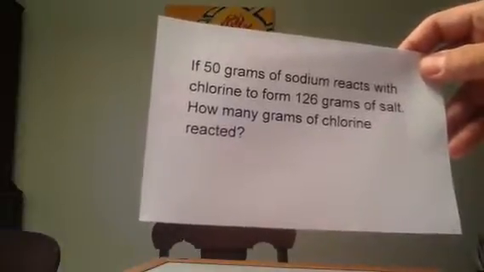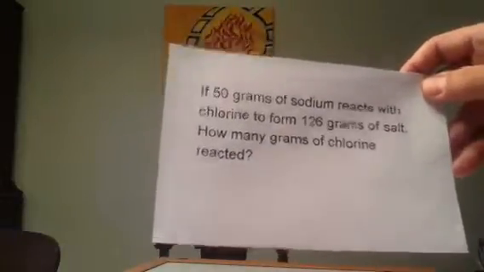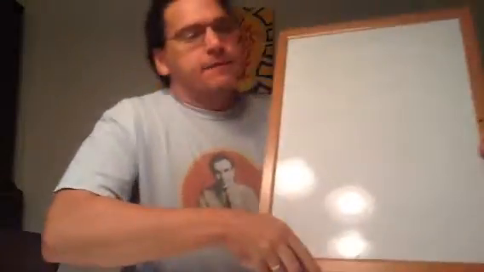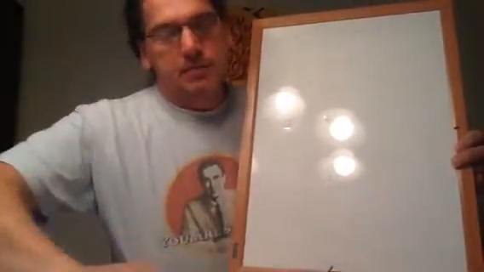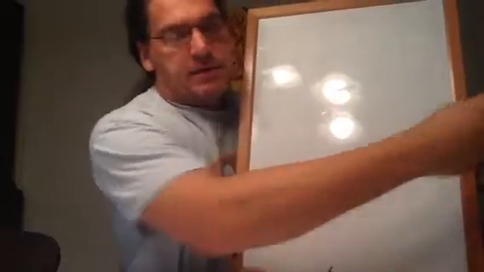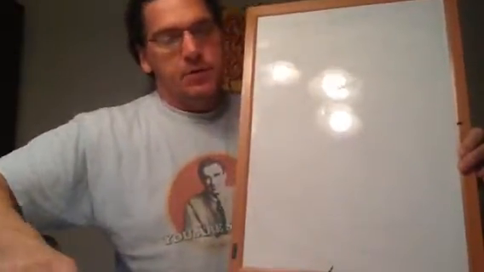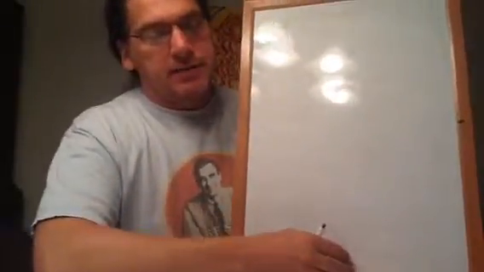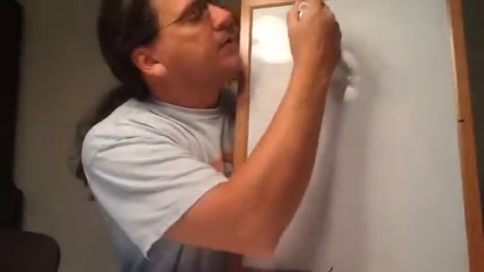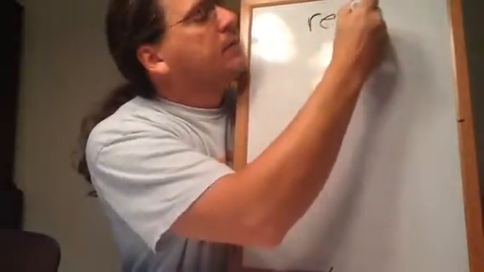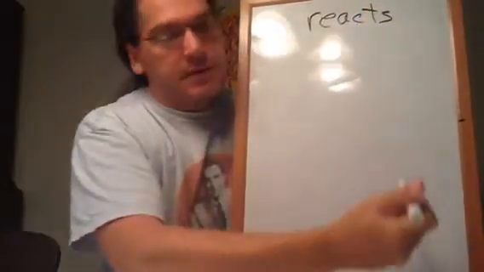Alright, at this point I'll assume you had this copied down and we'll move on. Okay, so the problem says if you have 50 grams of sodium reacts with chlorine to form 126 grams of salt. That great verb, reacts, should immediately tell you that those are the reactants.